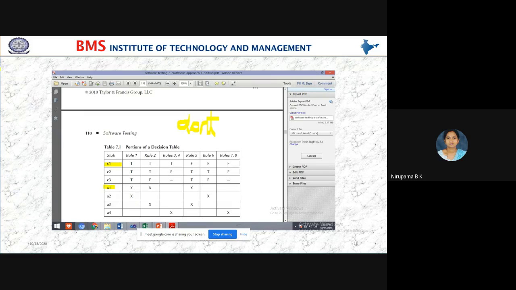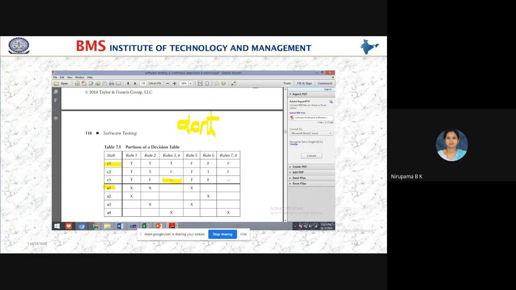But here in the decision table, they are explaining in general. That is, if three conditions have the rule value true, then action A1 and action A2 are going to be performed. And see the third column, students. In the third column, here I have a hyphen.